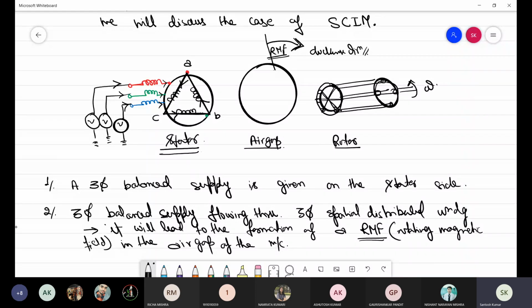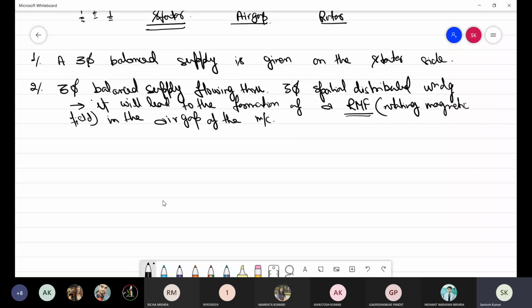At which speed is it rotating? What is the speed of the rotating magnetic field? Synchronous speed, NS. Synchronous speed means the speed of the rotating magnetic field.